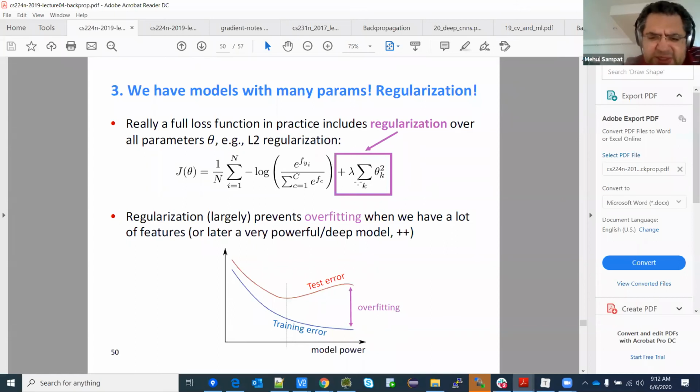And I think lambda is, is it a hyperparameter? I'm not sure.